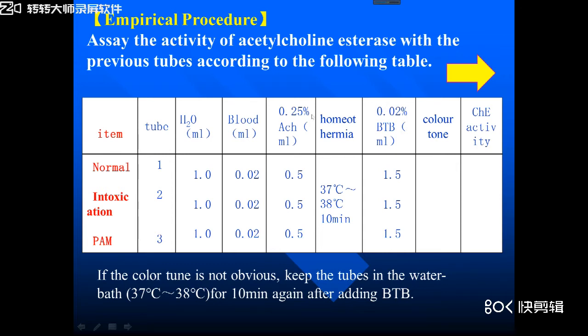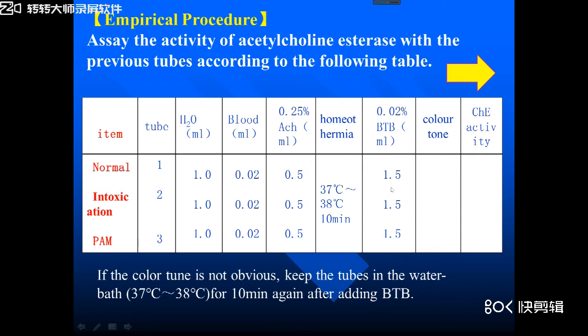And then add 0.25% acetylcholine, 0.5 milliliter into each tube. Put these 3 tubes in 37 to 38 centigrade for homothermia.